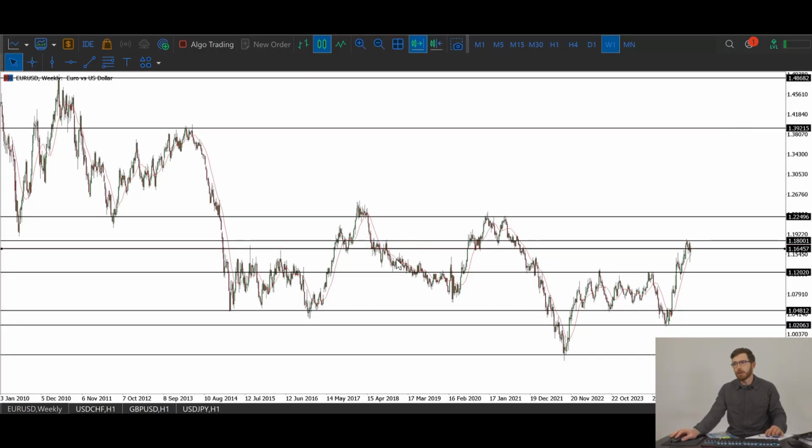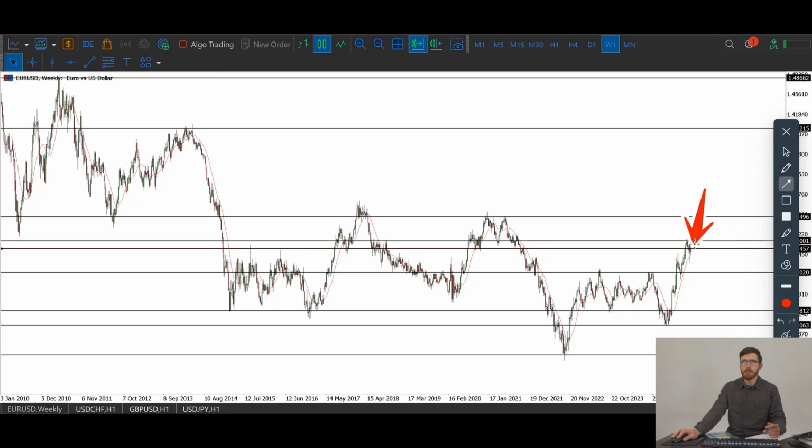Now, a perfect example of this, let me just quickly throw up my drawing tools. You can see right over here, here is a resistance level where the market has moved to, and here is a support level. Now, you can see this is what you'd call a zone.